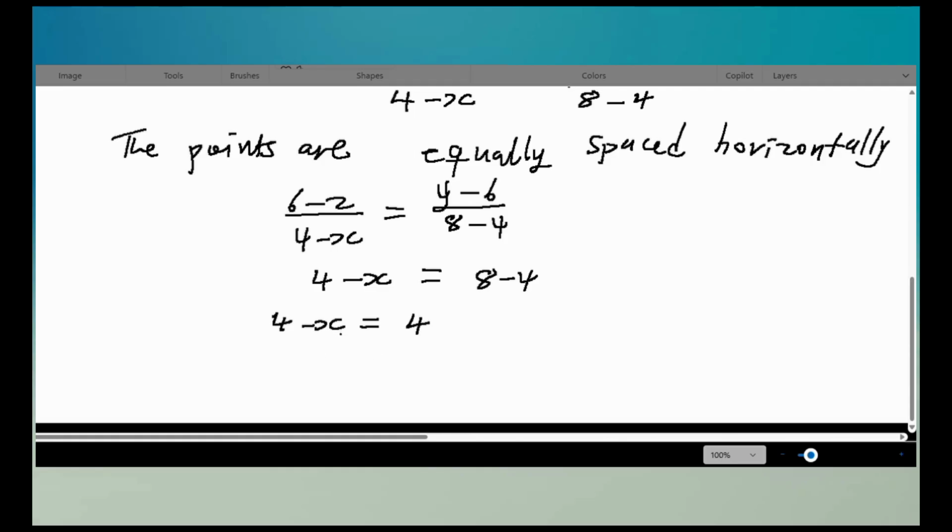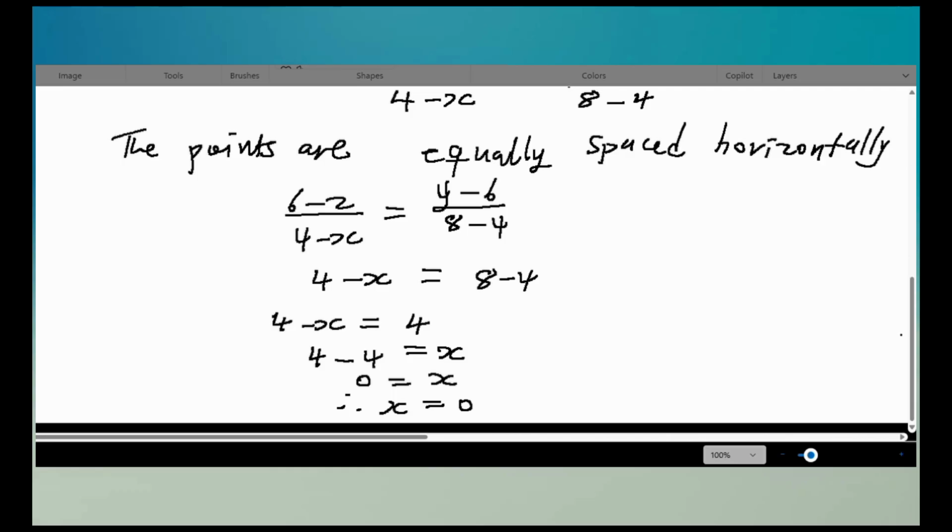Then we're looking for the value of x. So we're going to have 4 and bring this 4 here, which is going to be minus 4, and when we send the x here, we get positive x, right? So we have 0 is equal to x. 4 minus 4 is 0, therefore x is equal to 0.